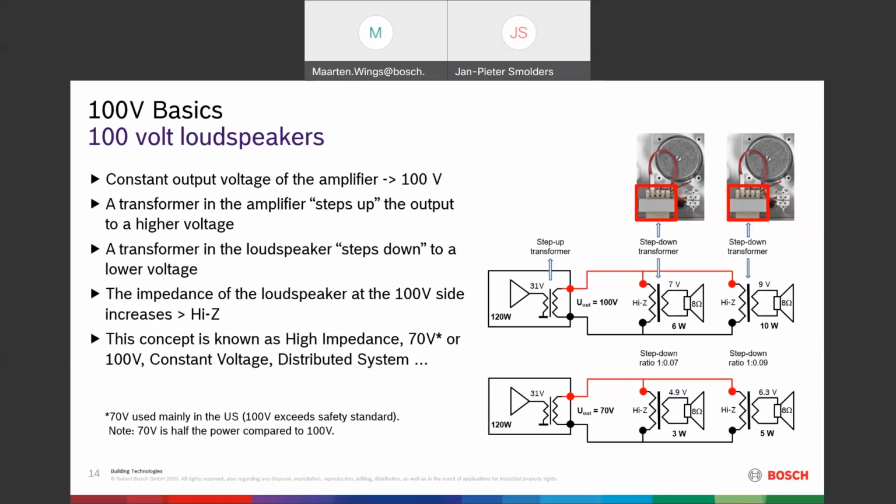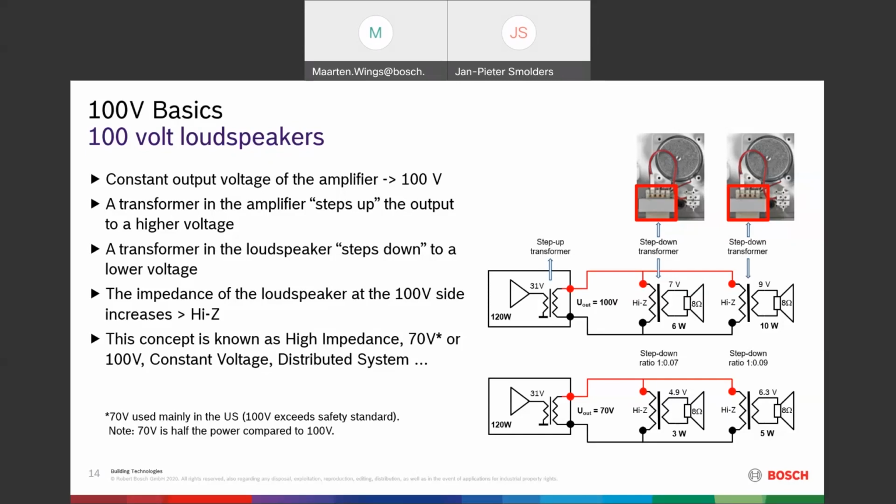That means also that on the secondary side, where the loudspeaker itself is connected, the voltage also goes down. Now you can make a calculation here, and that's easy to see. On the first one, that was a 6-watt loudspeaker, which had 7 volt transformed down, will have now 4.9 volt. That means that this loudspeaker can now deliver a maximum of 3 watts.